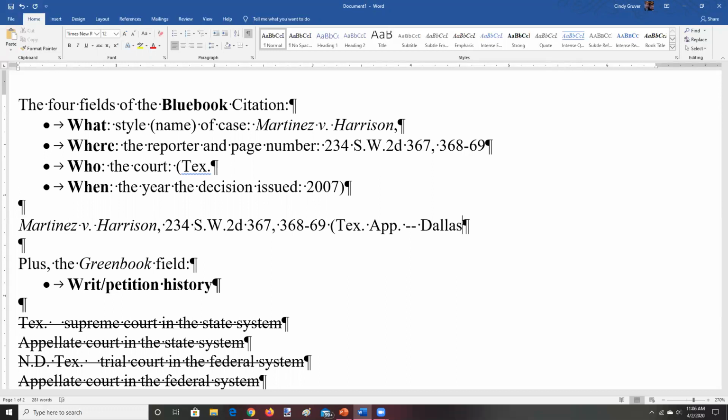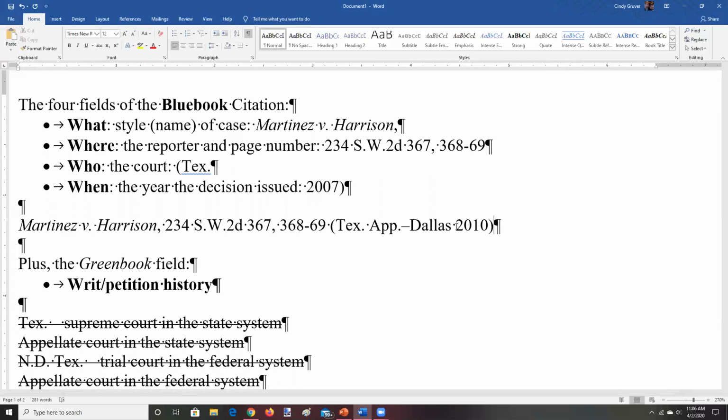When I hit the space, it will change the N dash to an M dash. I get rid of these spaces here. I already had a space added here, so now I just have to add the year. I'm going to say it's 2010 and close the parentheses.